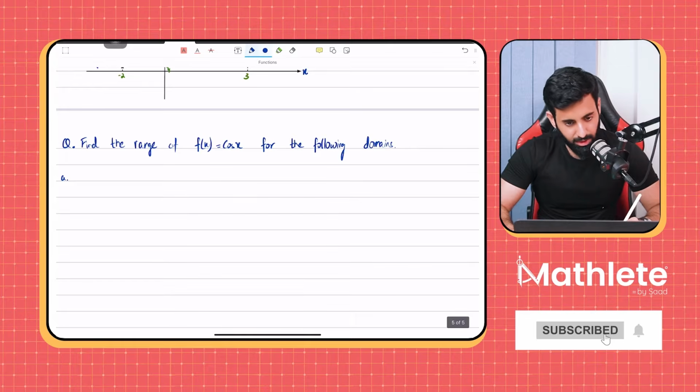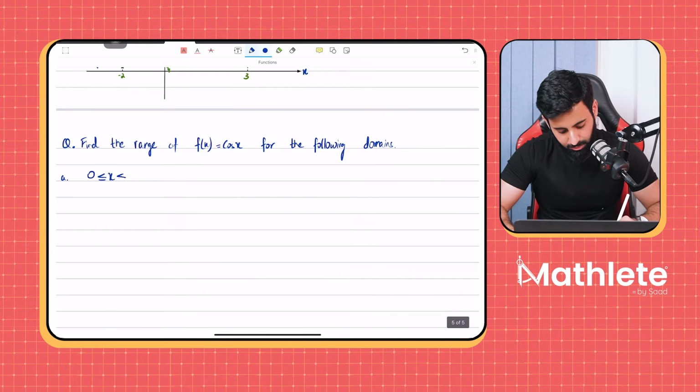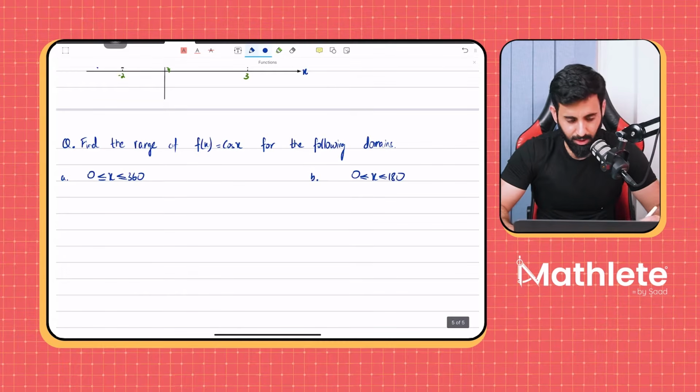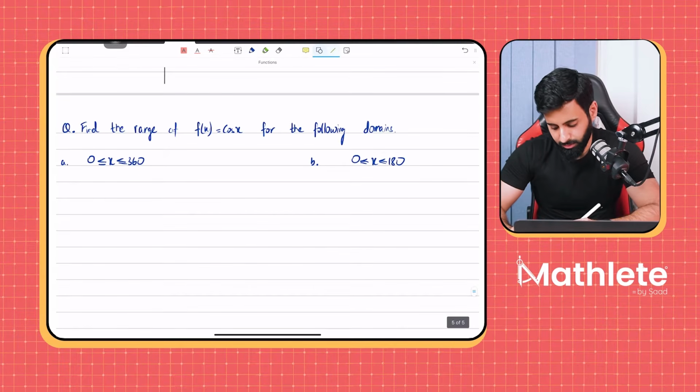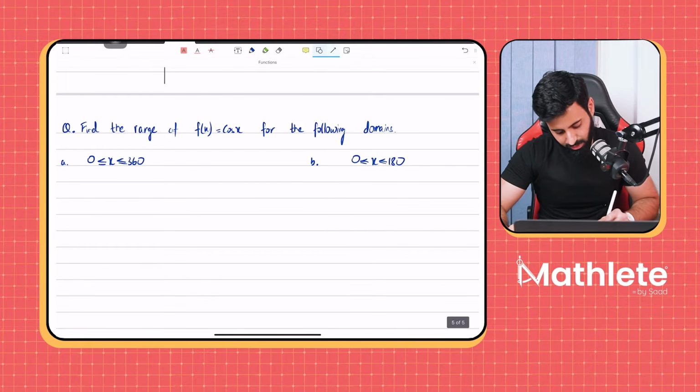In the first part, let's say x is from 0 to 360. In the second part, let's say x is from 0 to 180. Okay? So I hope you all remember the graph of cos.